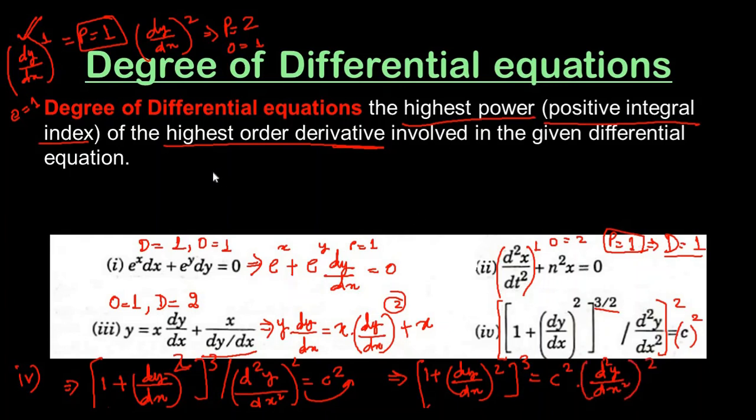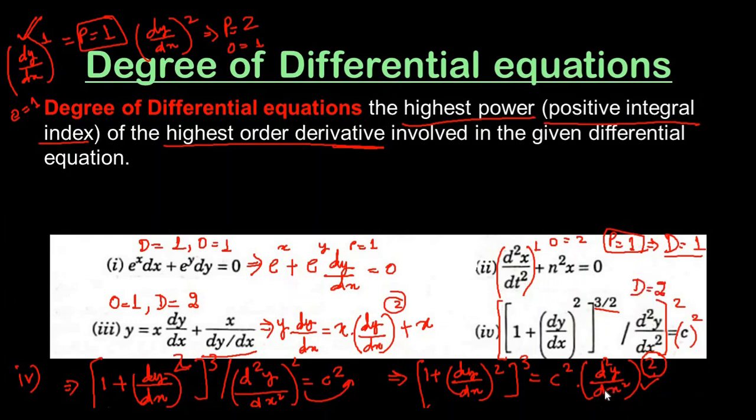Now we have to look at the highest order derivative. This derivative term is of order 1, whereas this derivative term is of order 2. So we are going to consider this term, and the power of this derivative term is 2. Therefore, the degree of this differential equation will be 2.